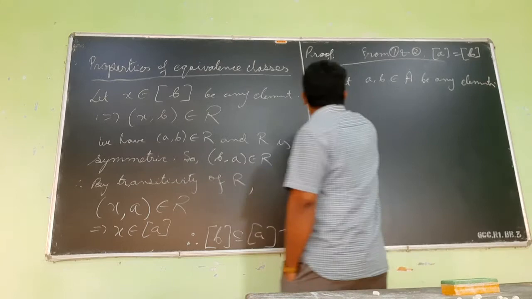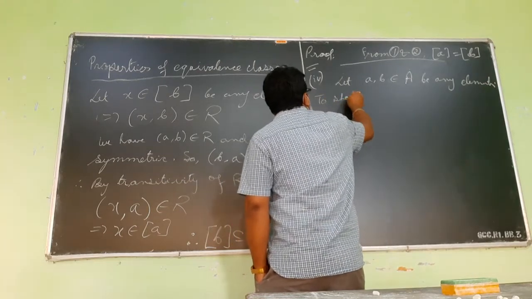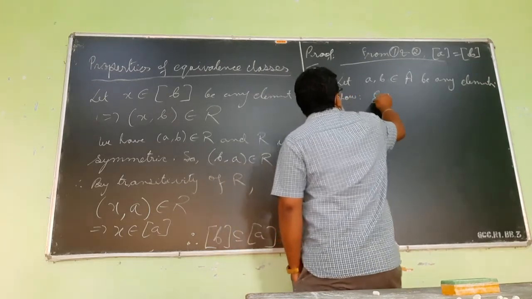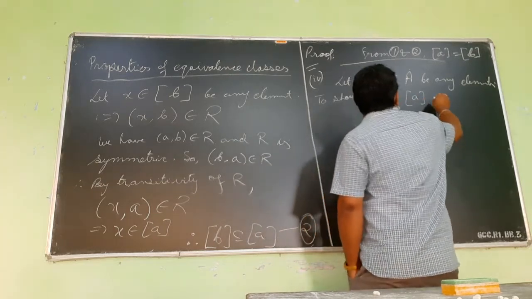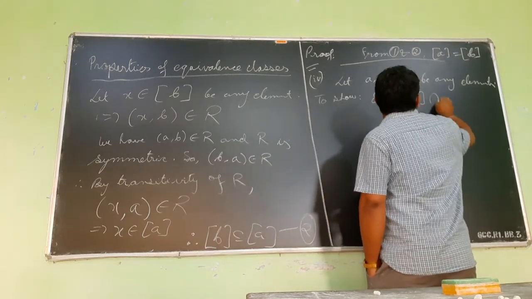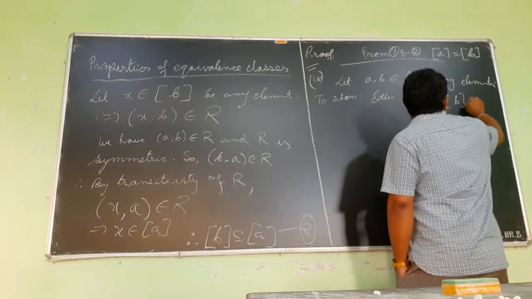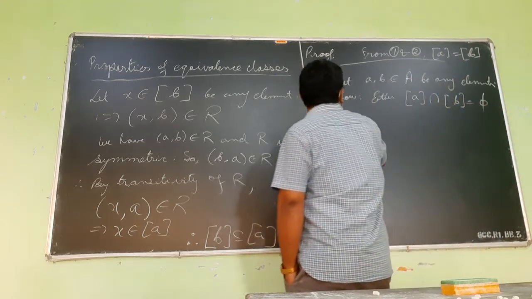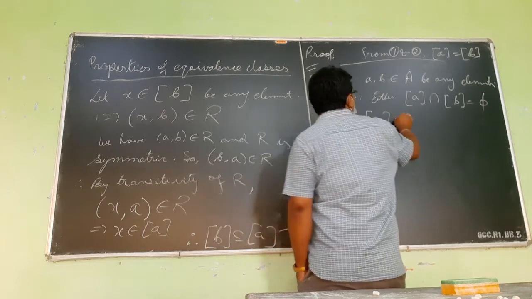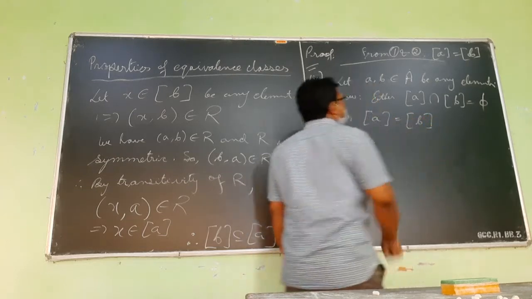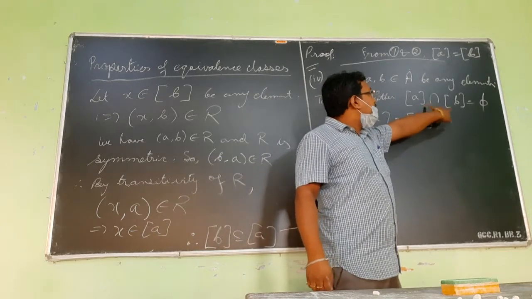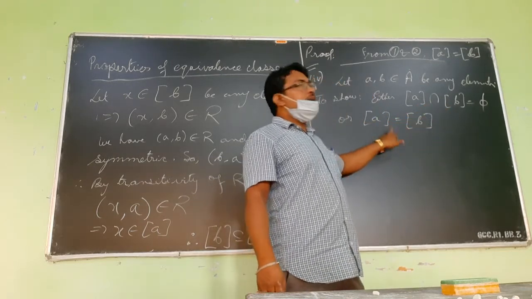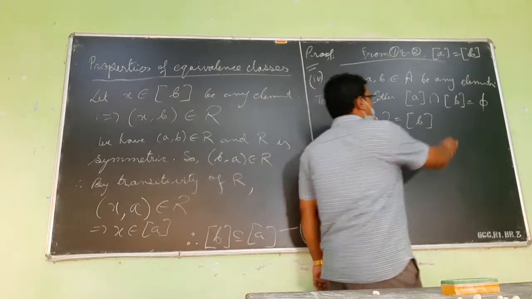What I have to show is that either class A intersection class B is phi, or class A is equal to class B. Any two equivalence classes are either disjoint or they are identical, but not both.